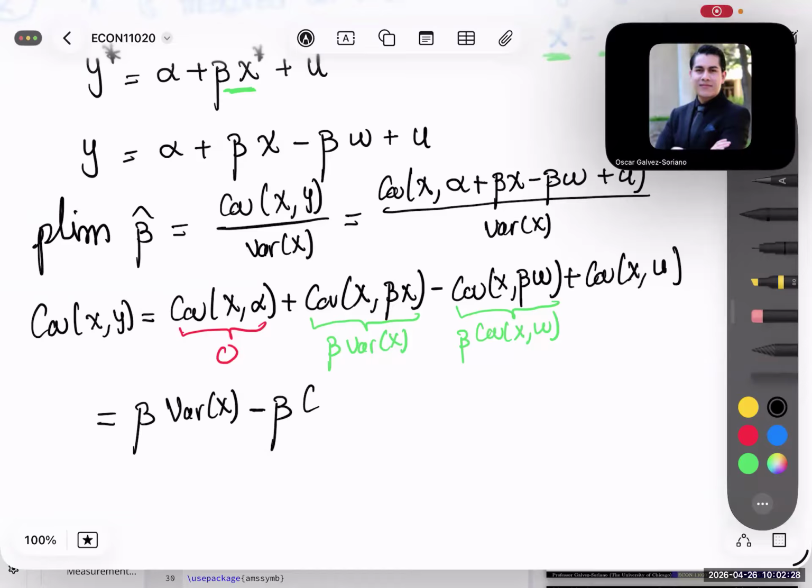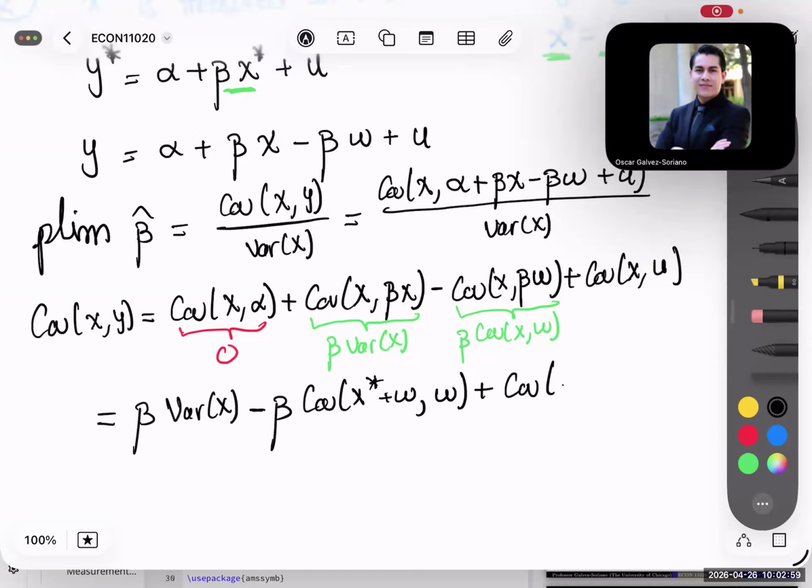What's inside this covariance? Well, x and then w. But x, we said, is by definition x star plus w, and then my w, right?